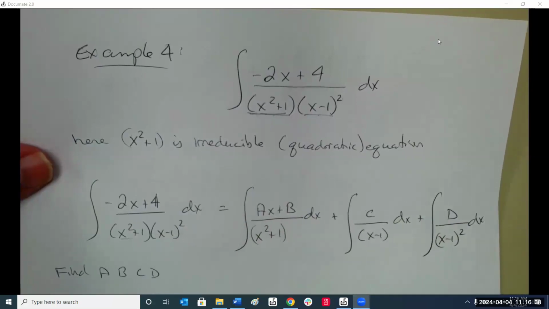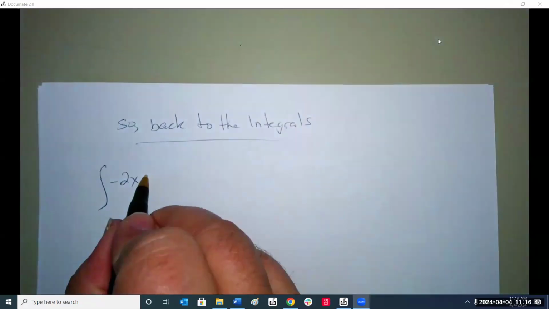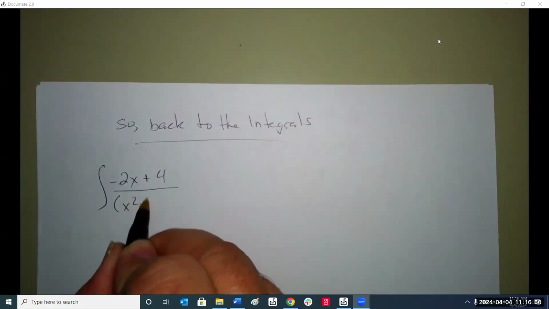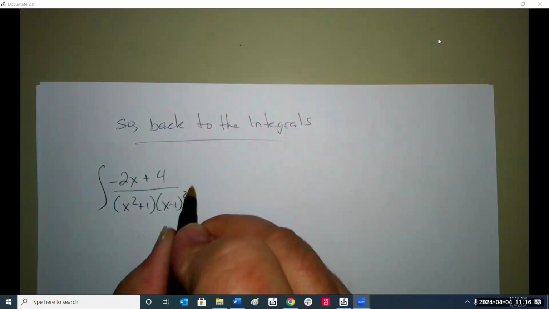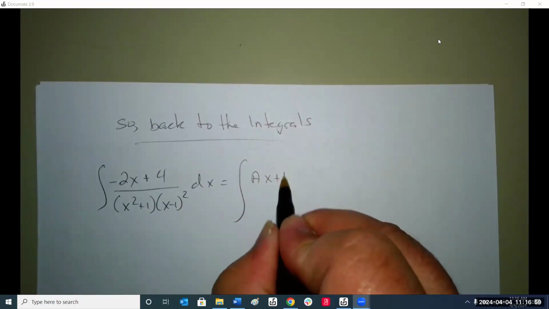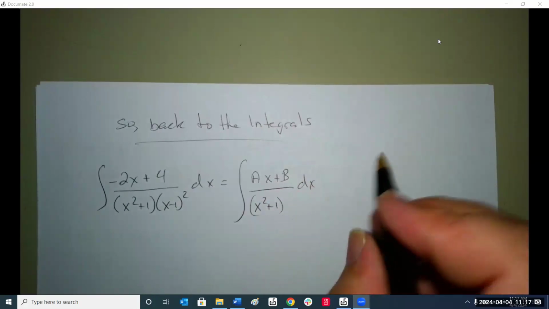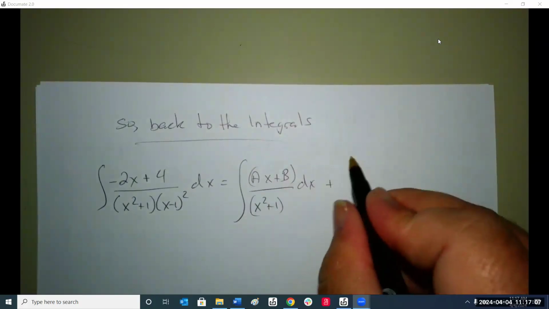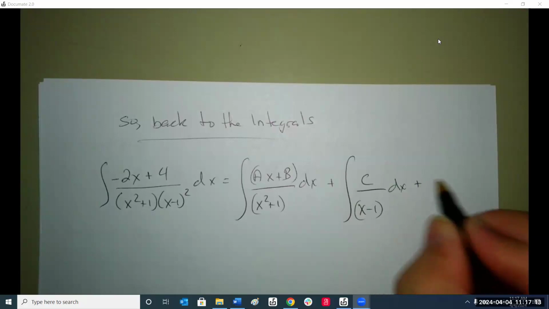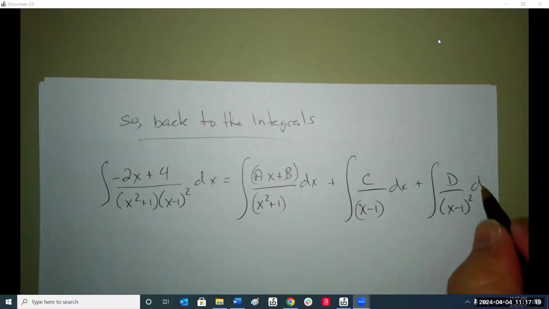We plug in A, B, C, and D. So -2x plus 4 over x squared plus 1, x minus 1 squared goes ax plus b over x squared plus 1 dx, c over x minus 1 dx, d over x minus 1 squared dx.